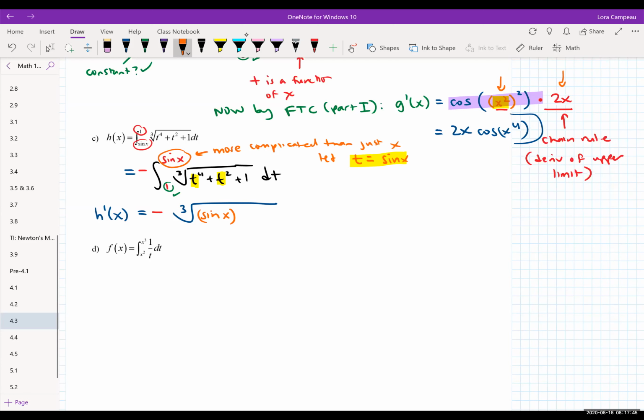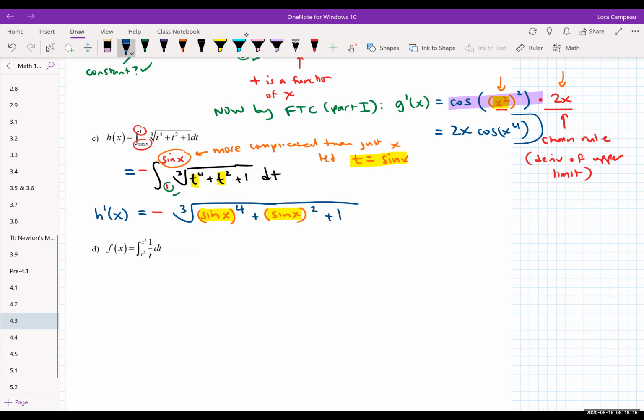Yeah, thought so. Okay, so we have sine x to the 4th. That was the t to the 4th. See if I can highlight that. We have plus, instead of t squared, it's sine of x squared. I'll highlight that for you. And we still have a 1 that didn't really change anything.